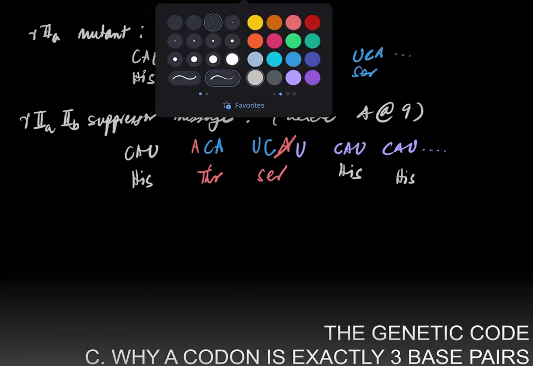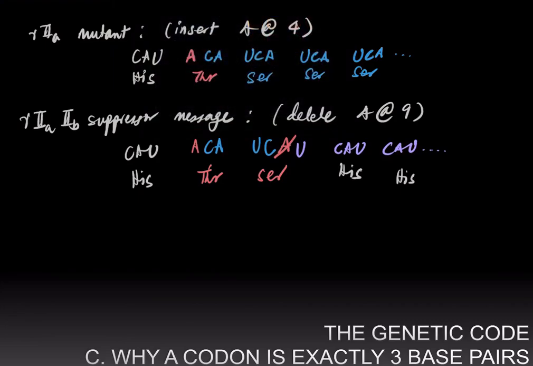Another class of mutations known to Crick and colleagues were 3 insertions or deletions. And let's see what 3 insertions or 3 deletions do to the message and the polypeptide.